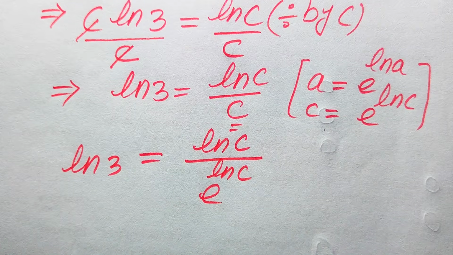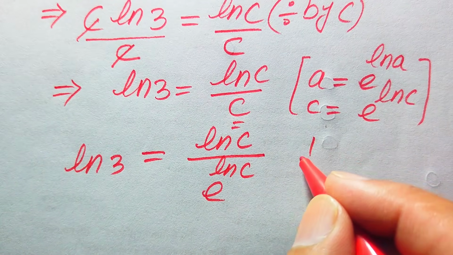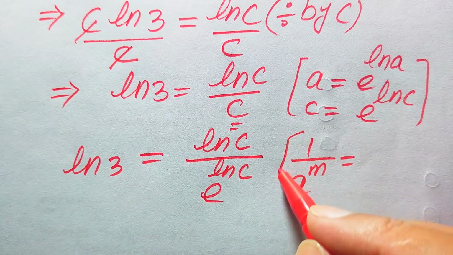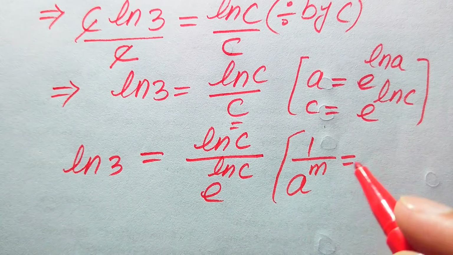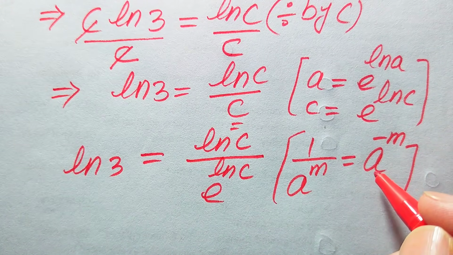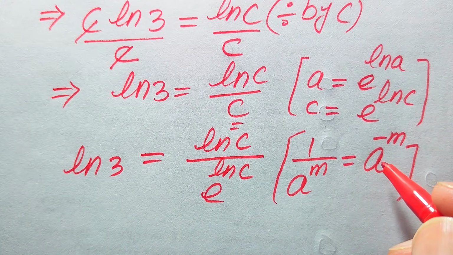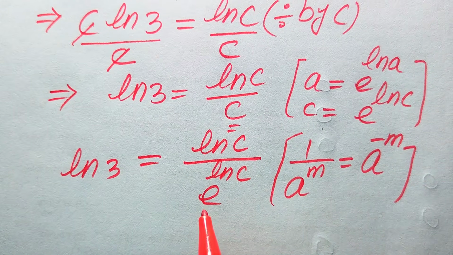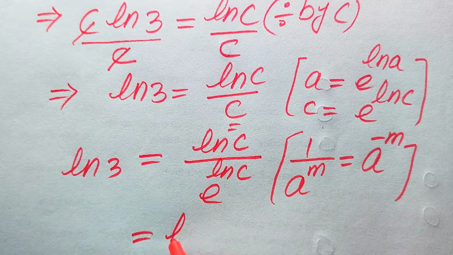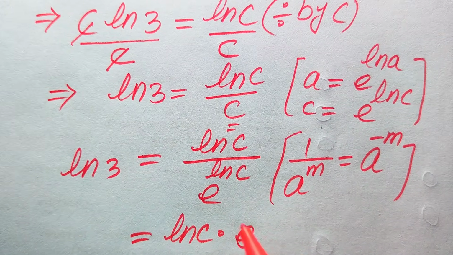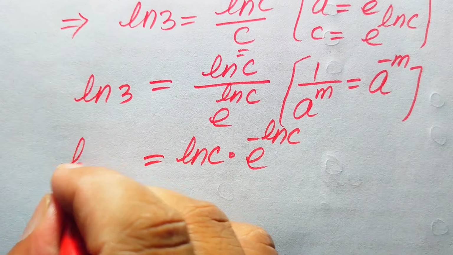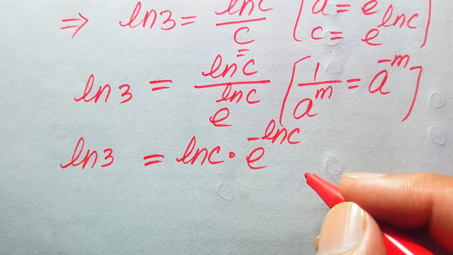Here we use another property: if we have 1 over e to the power of m, when we move this exponential term from the denominator to the numerator, its exponent becomes negative, so we write it as e to the power of minus m. So we move e to the power of log c upward, and it is written as log of c times e to the power of minus log c equals log of 3.